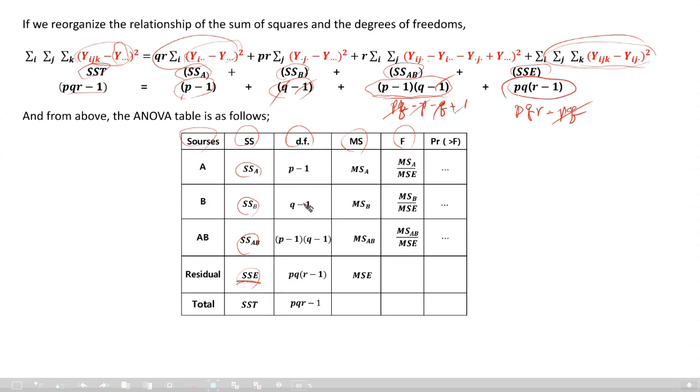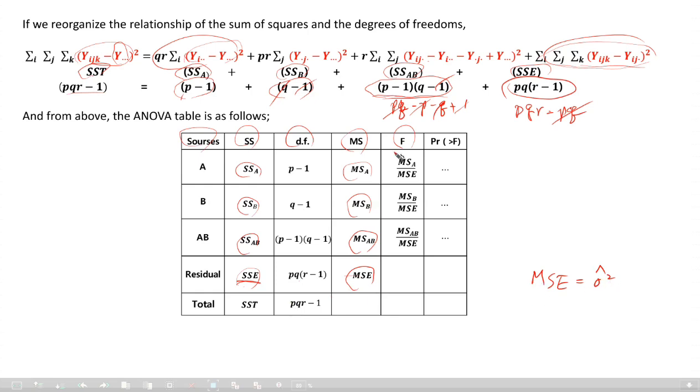Sum of squares divided by degrees of freedom is the mean square: MSA, MSB, MSAB, MSE. What is MSE? It is the estimate of the real variance. The computer will provide an ANOVA table like this.